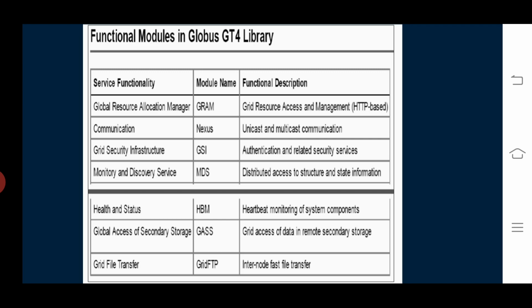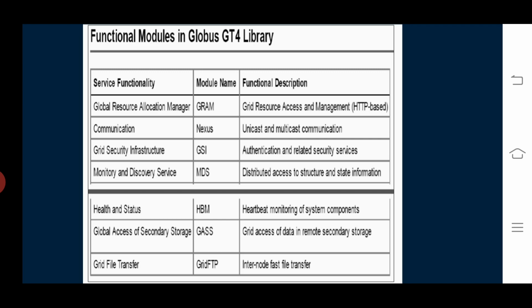And finally we can discuss the last service functionality, that is grid file transfer. The module name is GFTP, the grid file transfer protocol. You may know it as grid FTP.